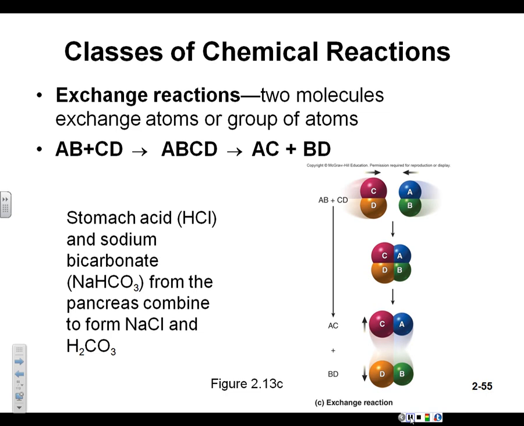I got A B plus C D. Then I have to do what? I combined them, I broke them down, and they reform, versus a combination of synthesis and decomposition. That's exchange.